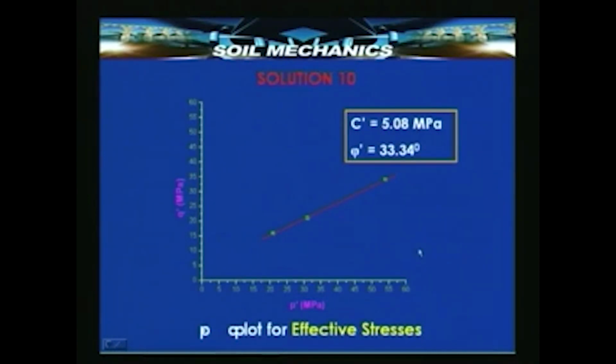The PQ plot in terms of effective stresses for this rock gives us a C dash of 5 megapascals and phi dash of 33.34 degrees. So, this is the utility of the PQ plot. There is a lot of advantage in drawing a straight line through the test points than in plotting more circles and drawing a common tangent.